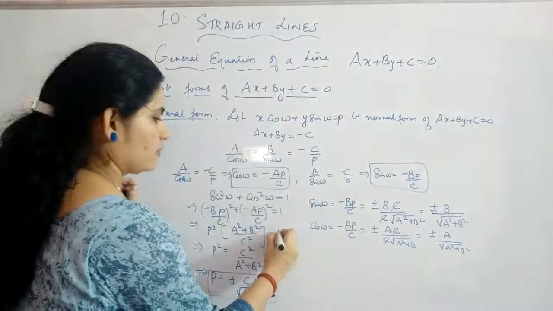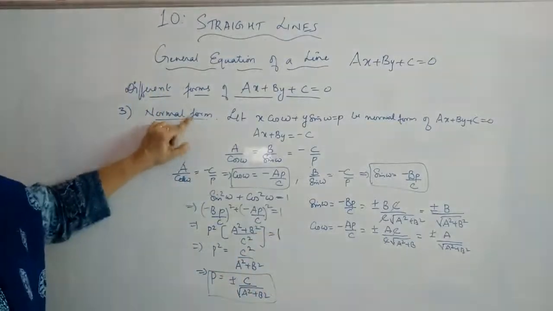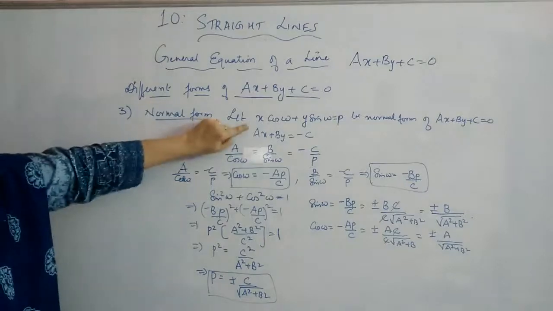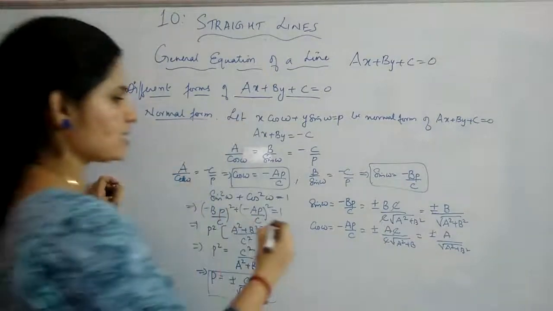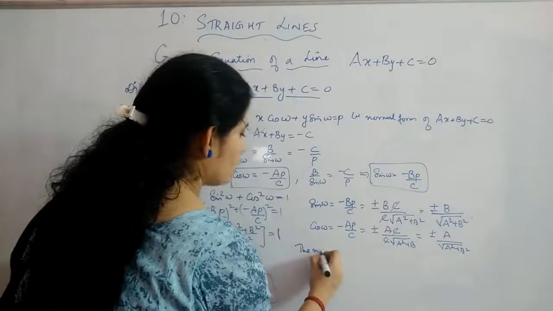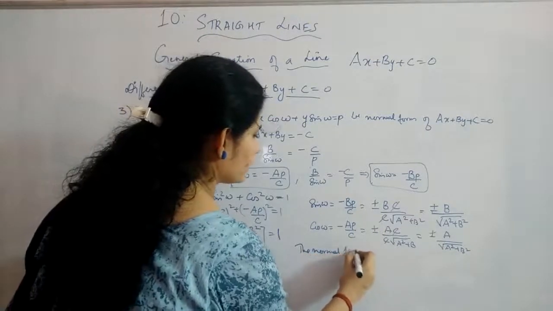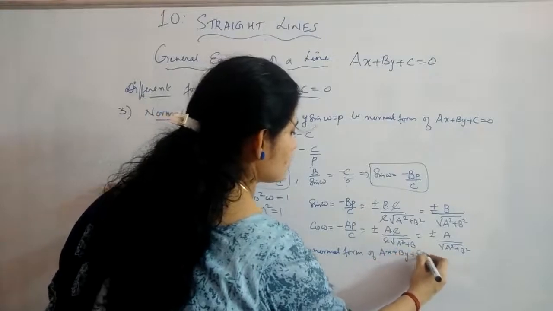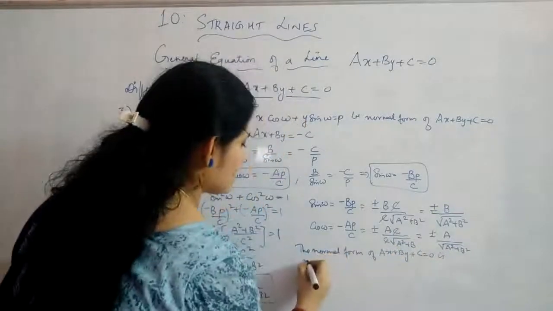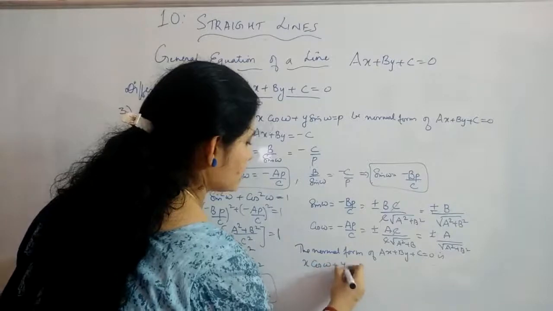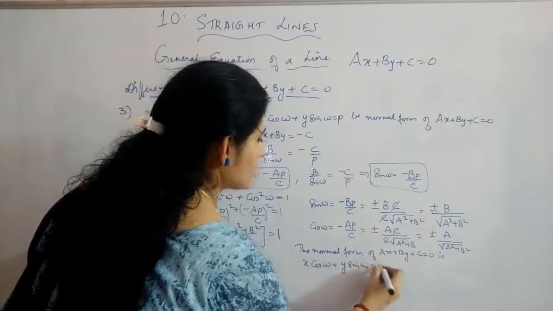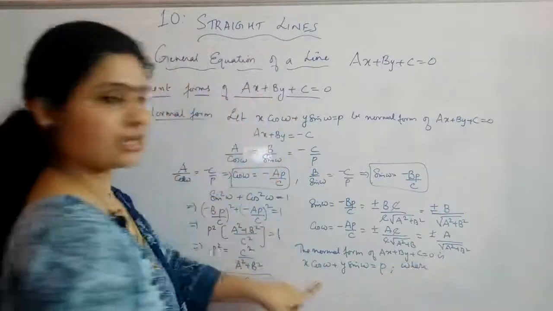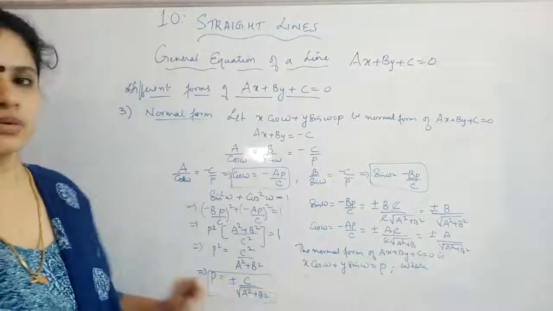Therefore, when we have to reduce the given equation ax plus by plus c equal to 0 in the normal form, what we will say? The normal form of ax plus by plus c equal to 0 is x cos omega plus y sin omega is equal to p, where, this is the main thing, all the three values are what?